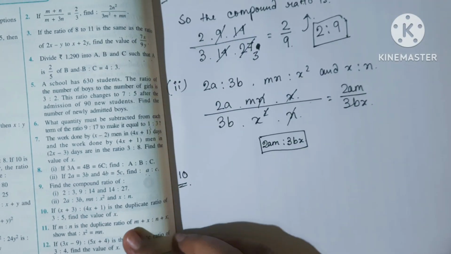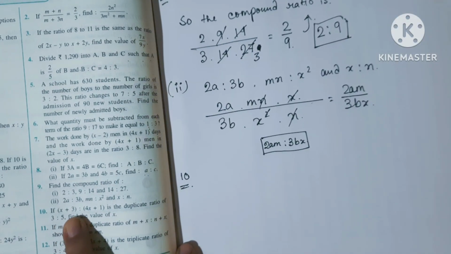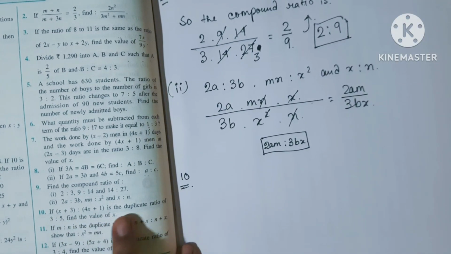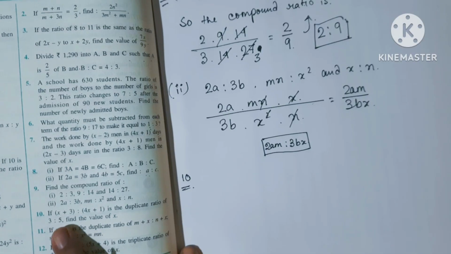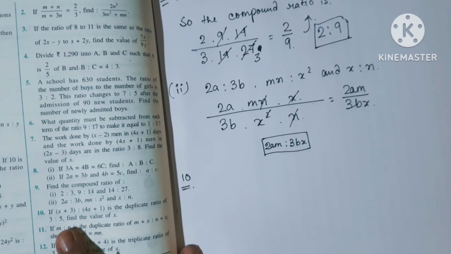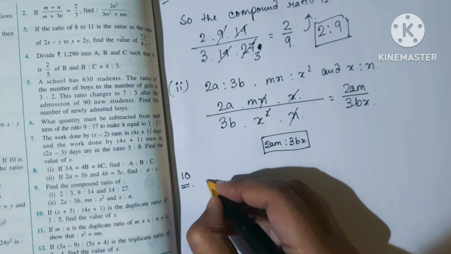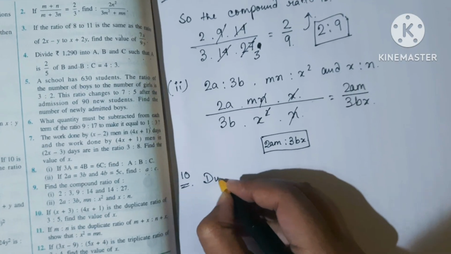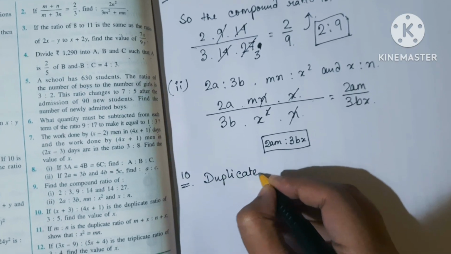Now question number 10. If x plus 3 is to 4x plus 1 is the duplicate ratio of 3 is to 5. So first we are going to find out the duplicate ratio of 3 is to 5.